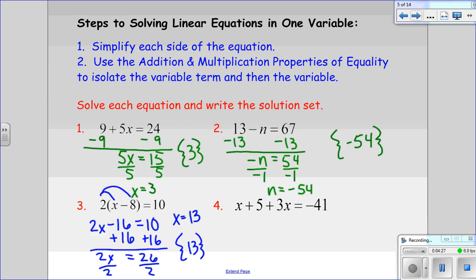Finally, in example 4, our first step when simplifying each side of the equation is to combine our like terms. x plus 3x can be combined to make 4x. We carry down the rest of our equation and then isolate our variable term.